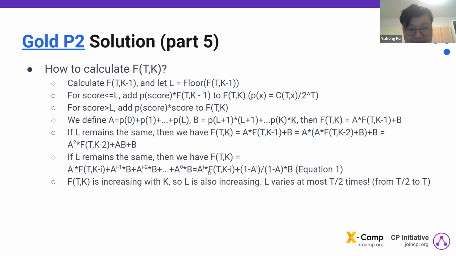Finally we have FTK equals the i's power of A times FTK minus 1 plus (1 minus the i's power of A) divided by (1 minus A) times B. So we have this equation. Does that make sense?